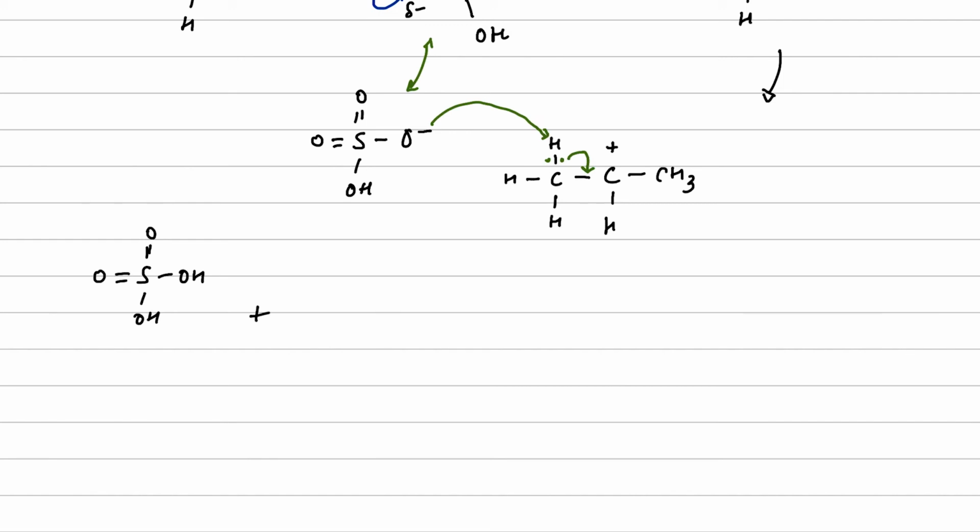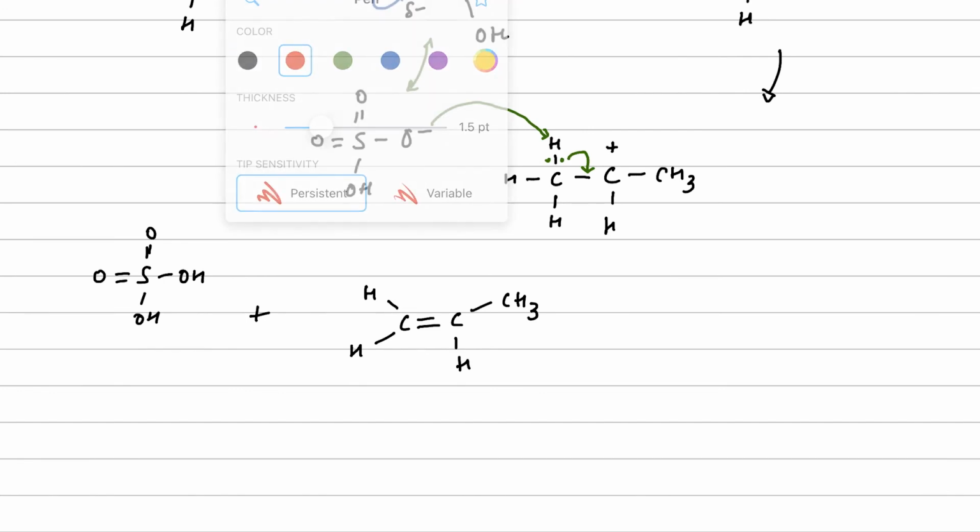And an alkene. We've got carbon, hydrogen, hydrogen. We've now got a double bond, carbon, hydrogen, and our methyl group. So let's be very clear here.